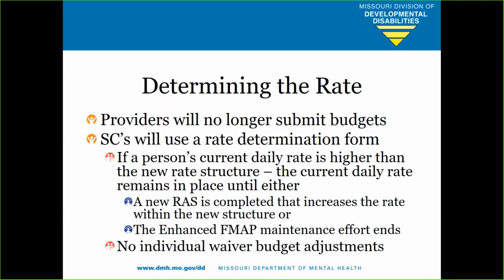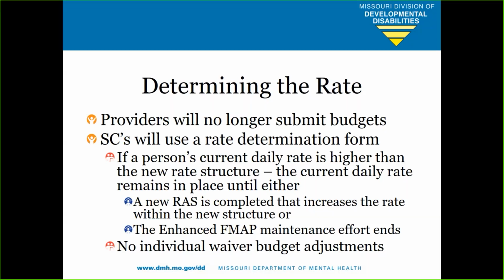So a couple of things. Like all of our other rates currently, we are under an enhanced FMAP maintenance of effort. Therefore, no rates will be reduced. So when we're using the rate determination form, we have to look at the person's current daily rate in Seymour. And if what is in Seymour is higher than the rate determined by the rate determination form, the current daily rate in Seymour remains in place, and that's what you authorize.